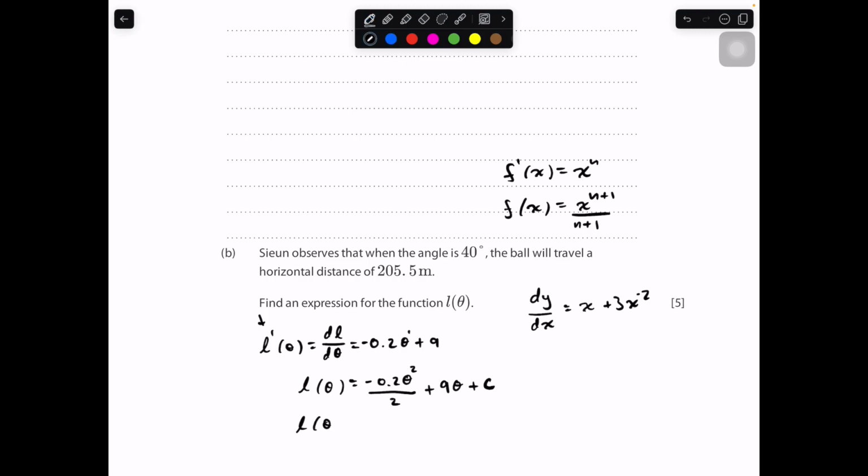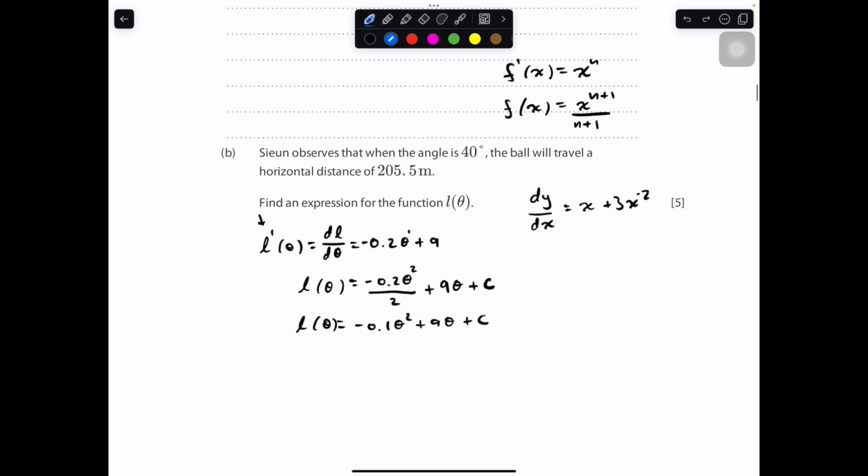L of theta equals negative 0.1 theta squared plus 9 theta plus c. Would you need to clean it up like that? Probably not. Well, potentially actually. It's always not a bad idea if you can. Just go into the calculator and divide this out and you'll get a simplified decimal.